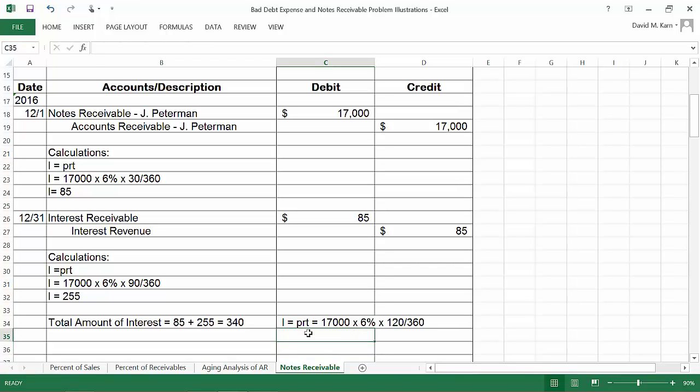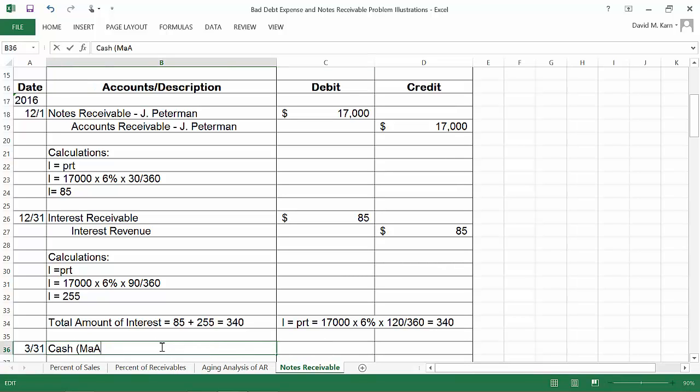Okay, so the journal entry is a little bit different, however. What you want to do here is make sure that you properly record this payment at maturity on the 31st of March. Now, obviously, anytime we're receiving the payment of a note, cash is coming in. I'm just going to put these notes here to help you.